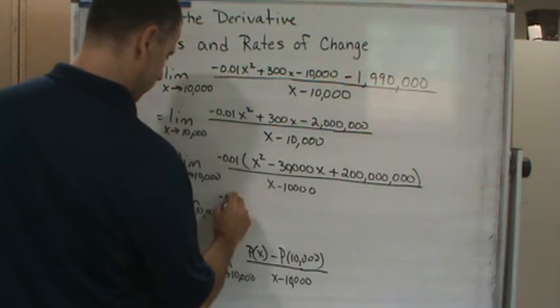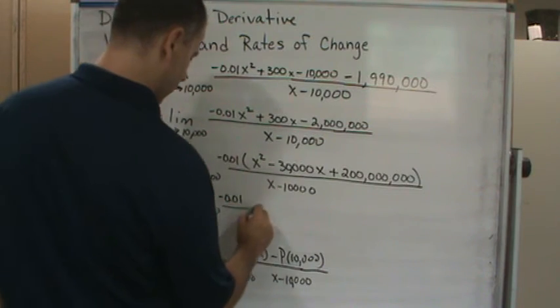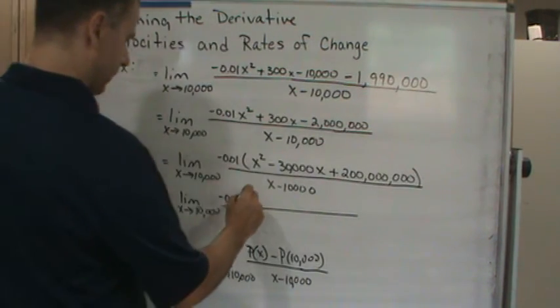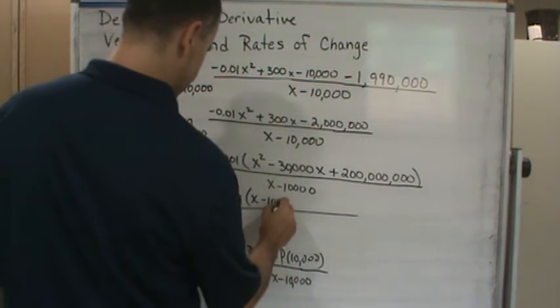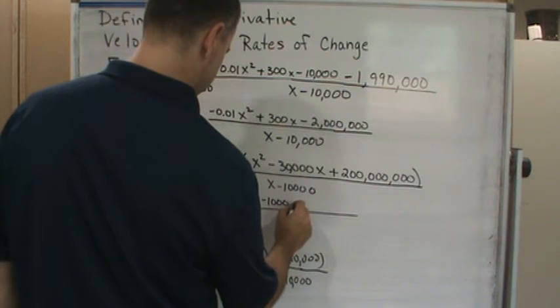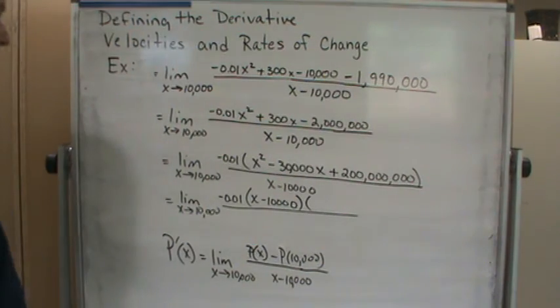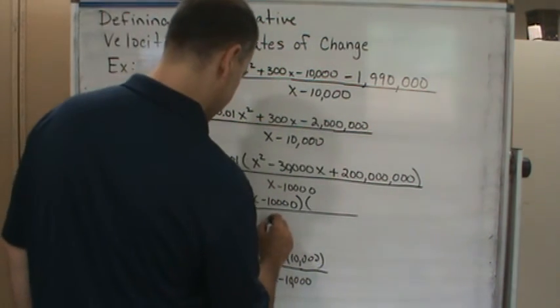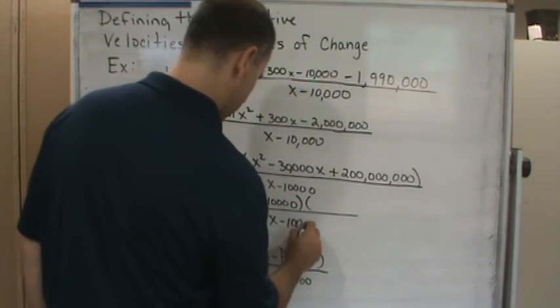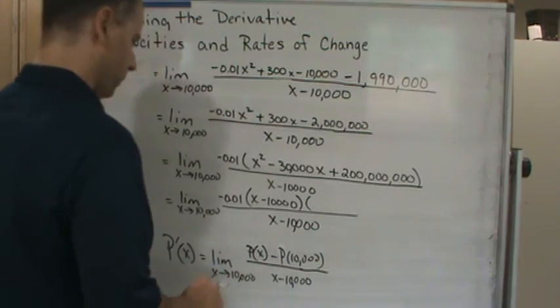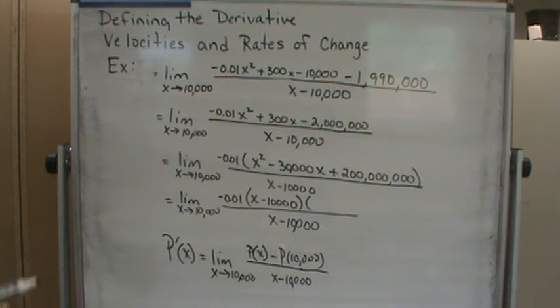So this would be negative 0.01 times x minus 10,000 times, now since we know we should get x minus 10,000, let's see if this works.